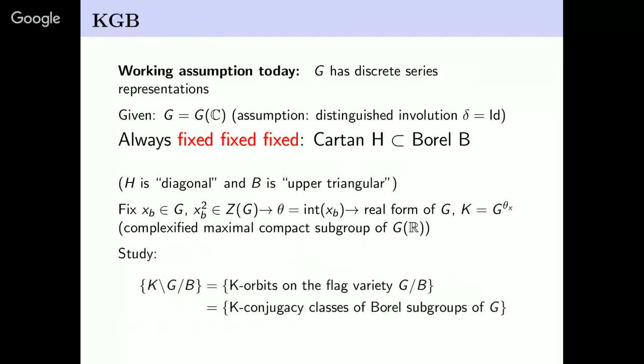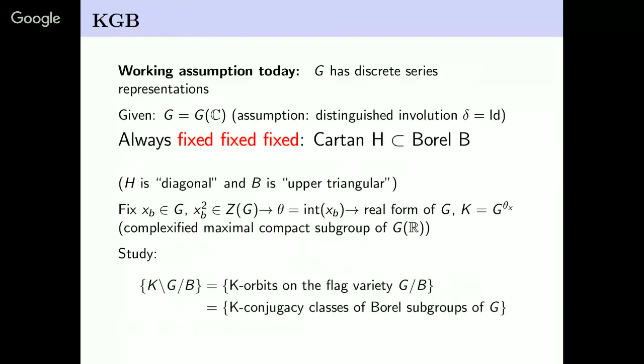And we're interested in the following space, KGB. There shouldn't be braces on the left side of this formula. We're looking at the space K mod G mod B, and there's a couple of different ways of thinking of it. Well, it's the double coset space as indicated.